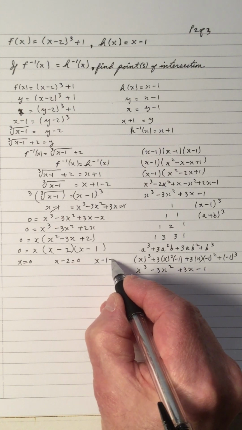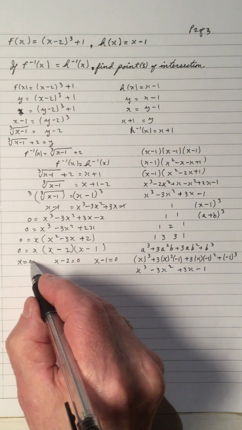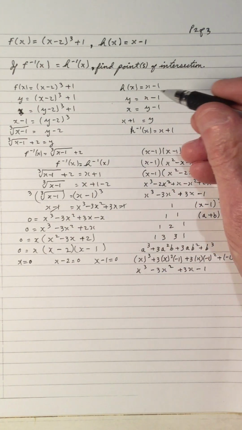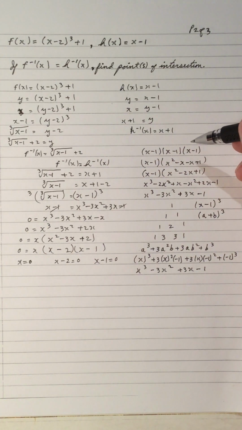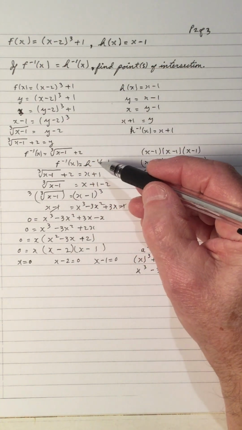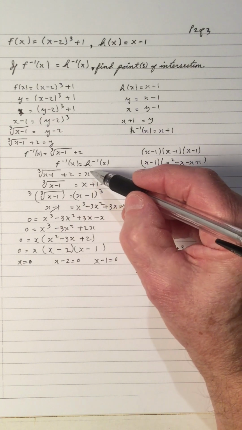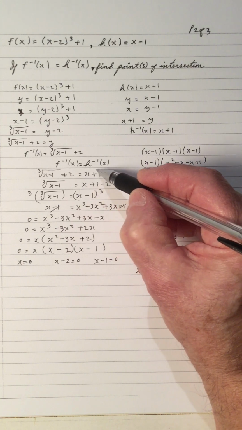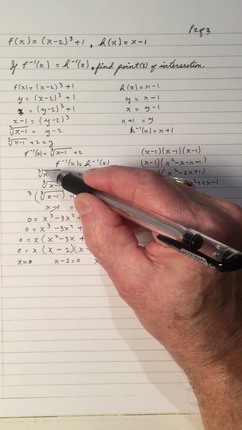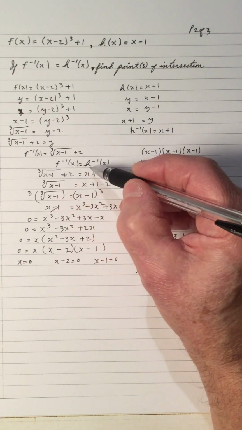So we have to take these values of x and sub them into one of these where we made them equal. So it's easier to sub it into the inverse of h, because it's x plus 1, rather than the f inverse.